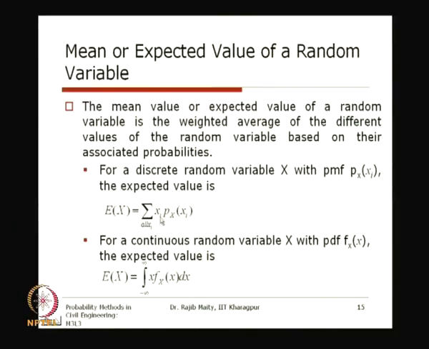So instead of simply taking the average of these outcomes, we are taking the weighted average, where the average is taken by the weightage of the associated probability. So this is the expected value.